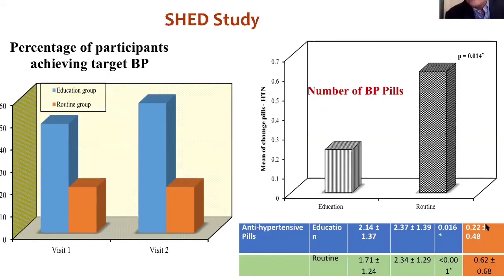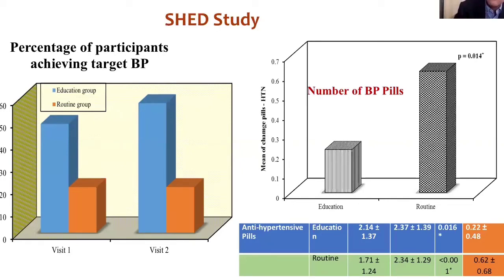In the education group, we only increased medication by a mean of 0.2 tablets, while in the control, the routine group, the medication increased by 0.62, and this was statistically highly significant. So not only we had lower blood pressure and higher proportion of people achieving the target, but this was also done with less medication.